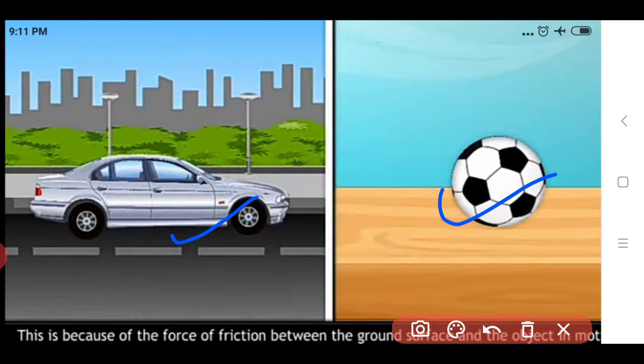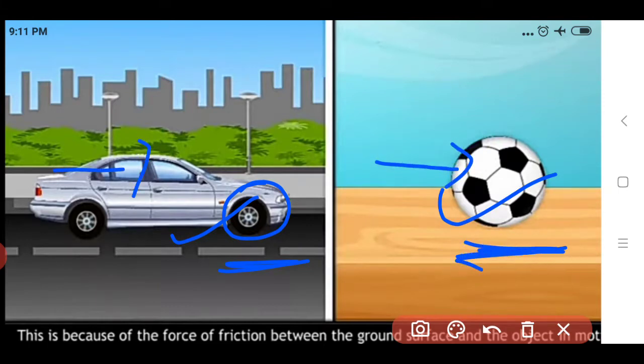The force of friction takes place between these moving objects and the ground surface. These are the two moving objects, and the other is the surface on which they travel. So due to this frictional force, the objects get stopped.